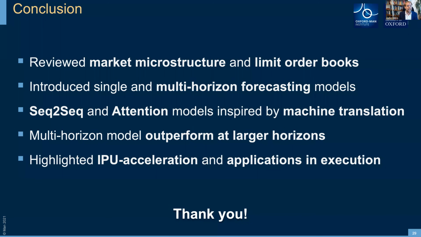And we saw that at large horizons, those multi-horizon models outperform the conventional single horizon models. We also saw how IPUs can help us accelerate the training of those models, and how in practice, for example in execution, such models will find use cases. So this is really all I wanted to talk about.